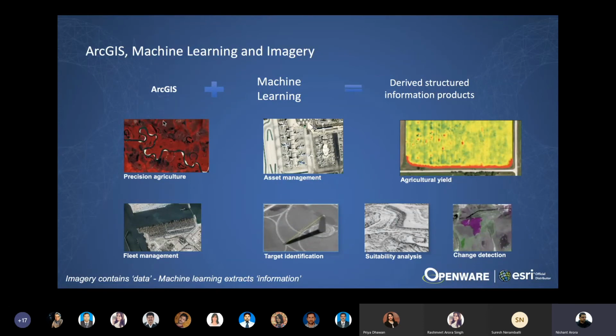Combining the power of ArcGIS and machine learning, we can transform this data into geospatial information products. You can derive results and actionable information from this data, specific to many applications such as precision agriculture. Using ArcGIS, you as data scientists, engineers, and even remote sensing experts can derive structured information products that can help solve geospatial problems.